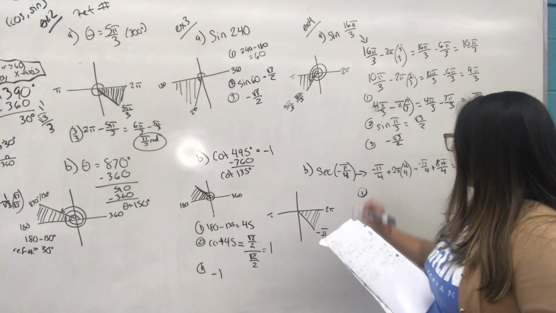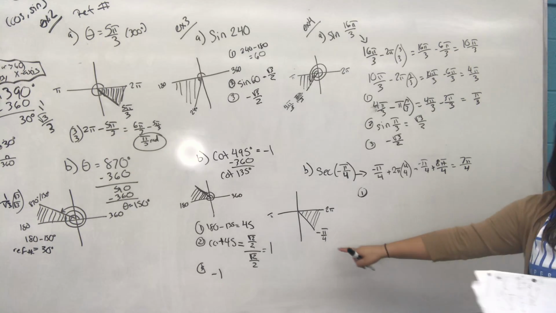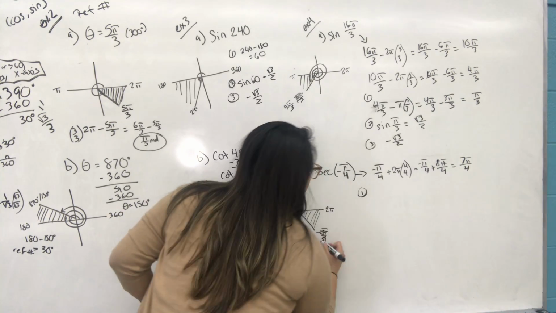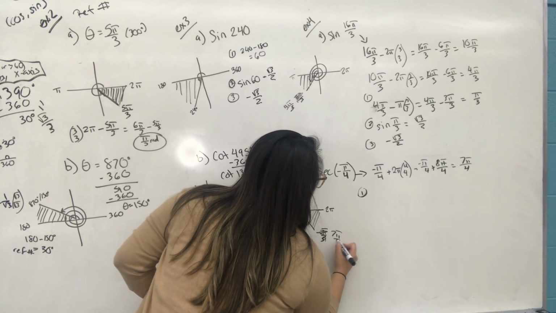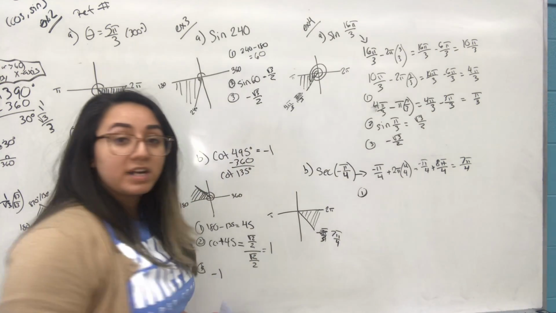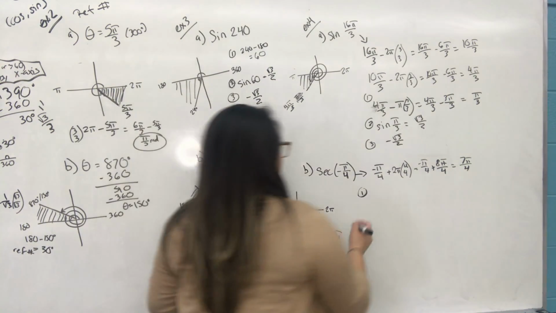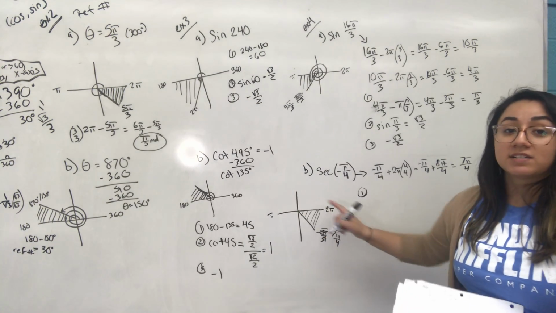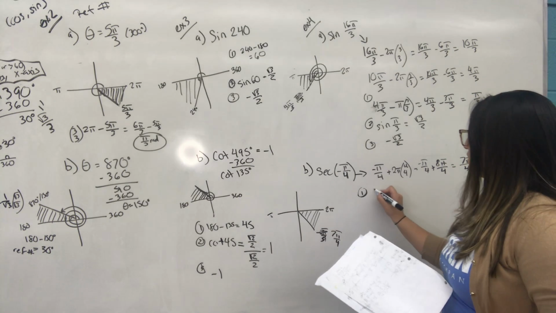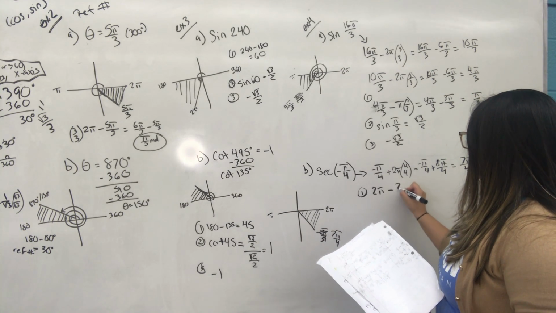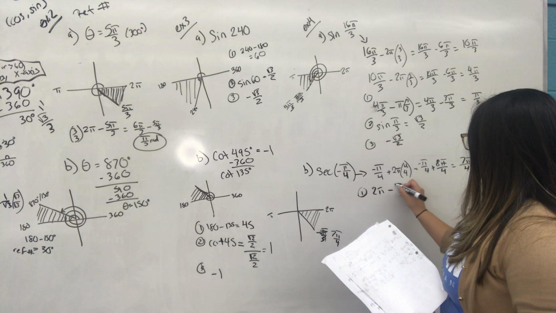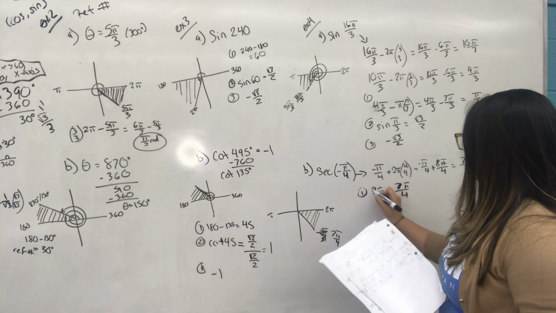Step 1, you find your reference number. So negative π over 4, it's coterminal with 7π over 4. And in this space here, to find the reference number, you're going to subtract by the closest x-axis number, which is 2π minus 7π over 4.